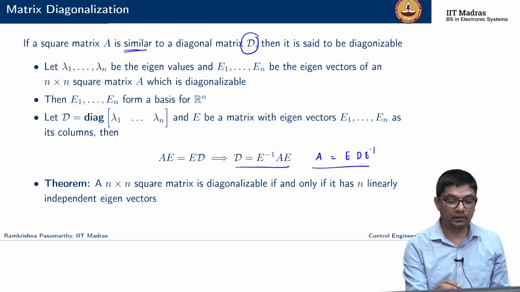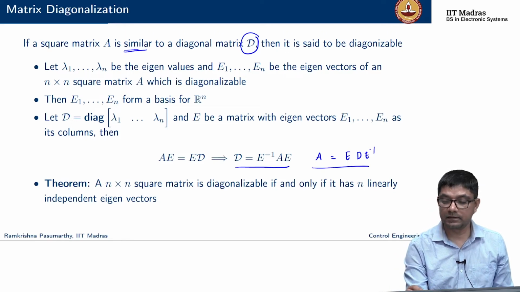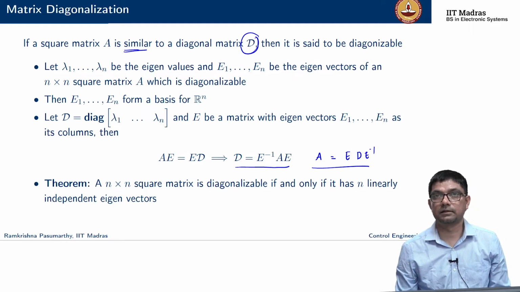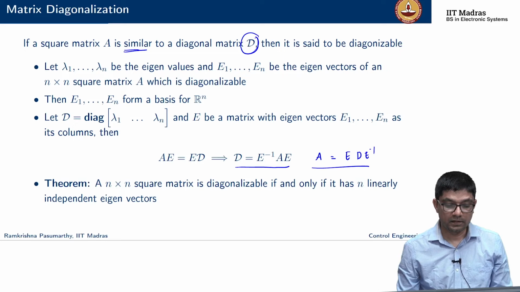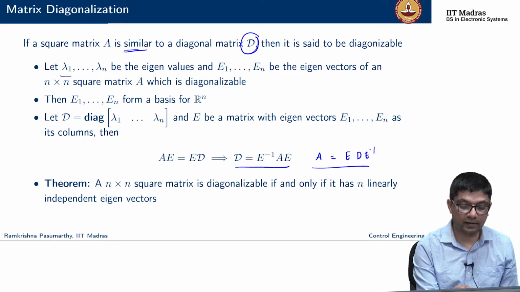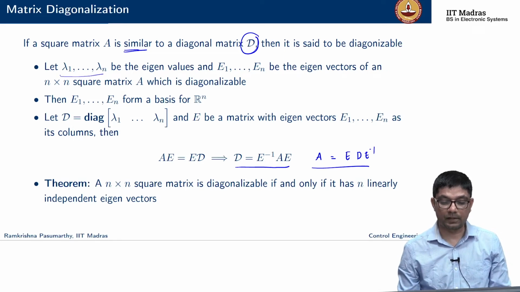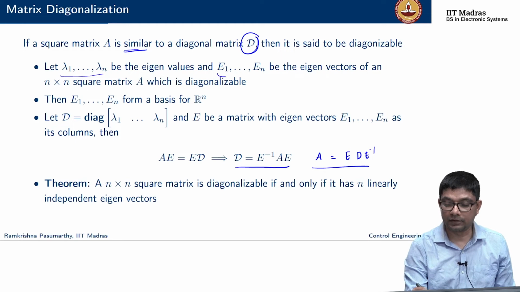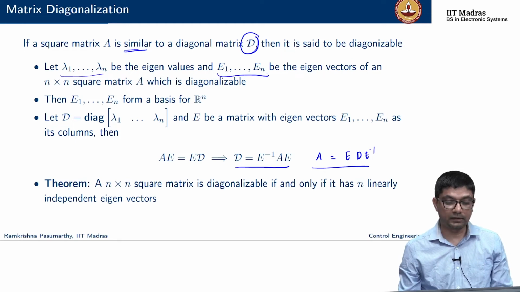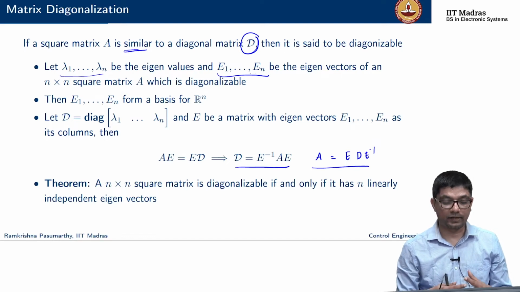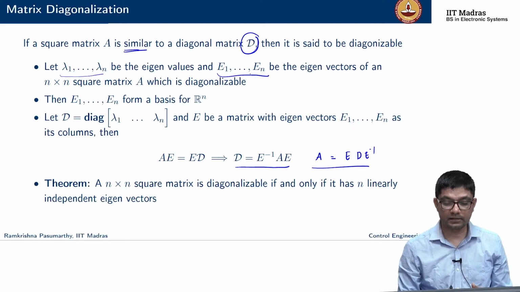A square matrix A similar to a diagonal matrix is said to be diagonalizable. So let's say I have eigenvalues of A as lambda 1 till lambda n with eigenvectors E1 till En. Then if E1 till En are linearly independent eigenvectors, the square matrix is diagonalizable.